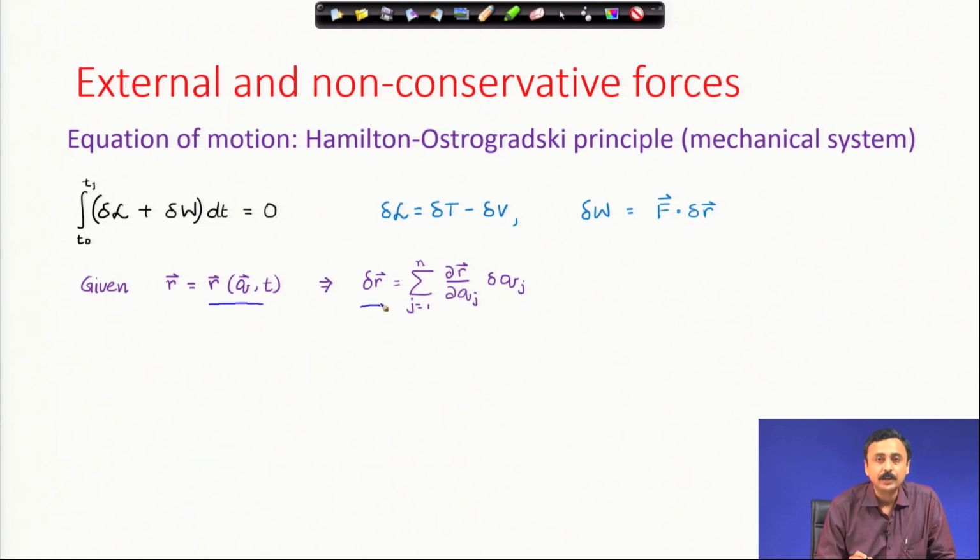Therefore, the variation operator operating on this function can be written as a summation over the generalized coordinates, partial derivative of the physical coordinates with the generalized coordinates, into the variation of the generalized coordinate. Notice that when I take variation, there is no derivative over time.